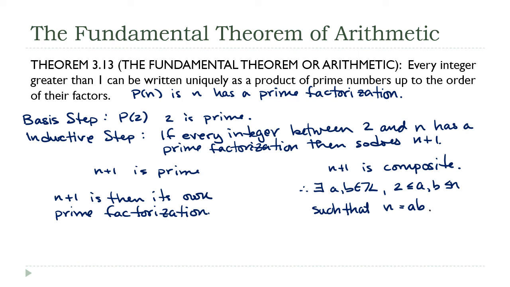All right, this is where we're going to use our induction hypothesis, that every integer between 2 and n has a prime factorization. Well, I don't know how big a is, but I do know it fits in that range between 2 and n, right?